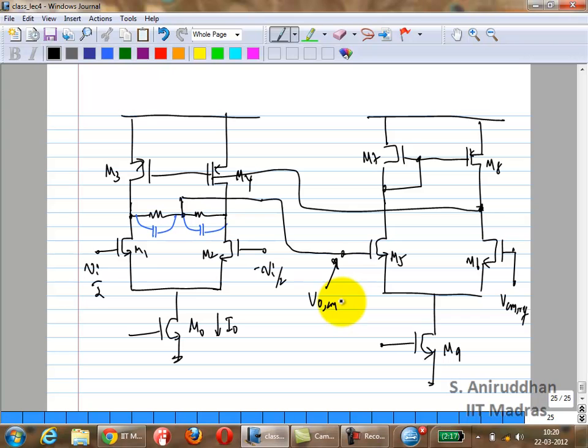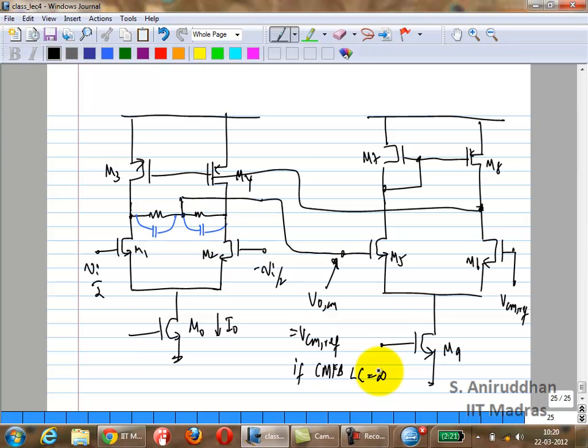You will have some difference based on the common mode. Only if the loop gain is infinite, that voltage will be exactly equal to VCM ref. Otherwise, you will always have a small difference. Right? Correct?